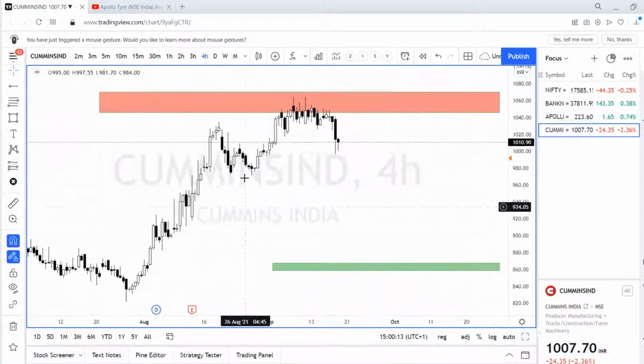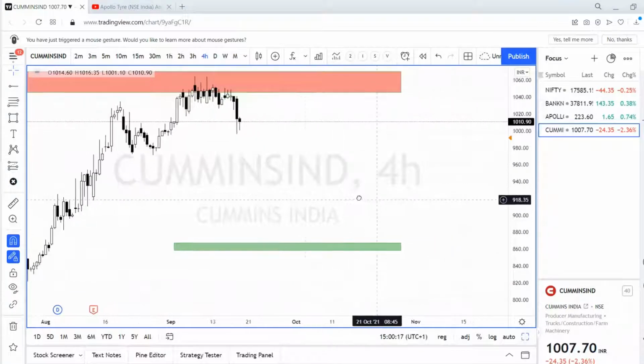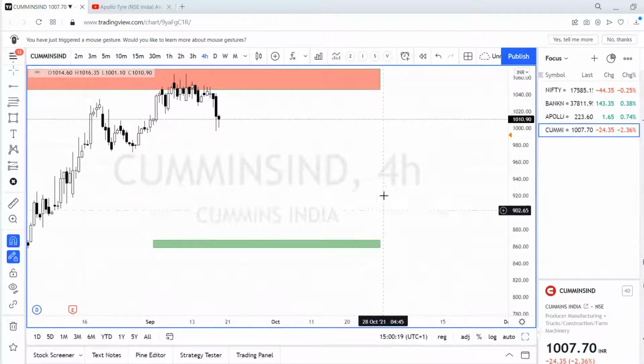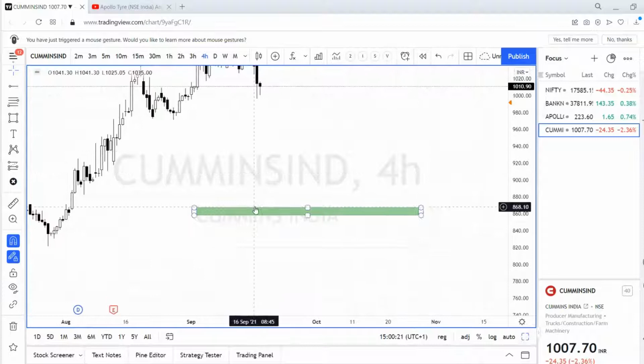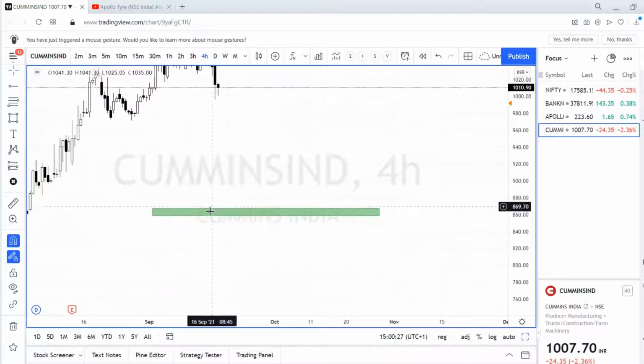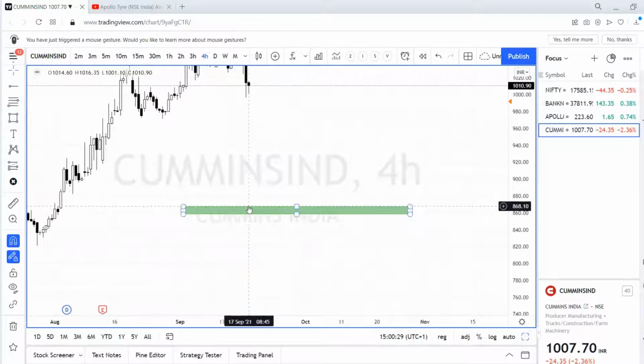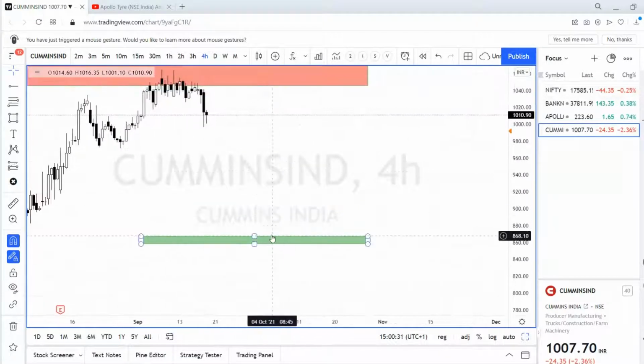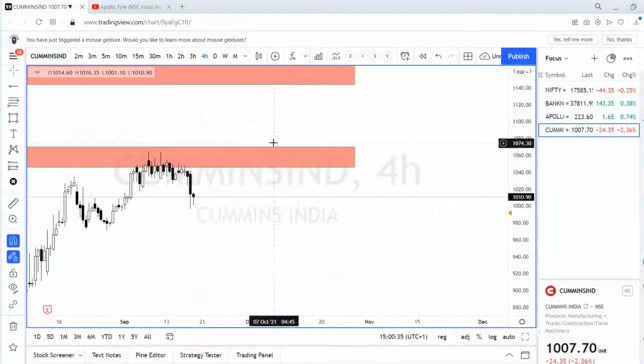And you can buy near 980 or 975, and then if that gets broken at a 950 or 966 level, you can wait for the retest of this particular demand zone, which will shoot the price upside and help to break the supply zone above.